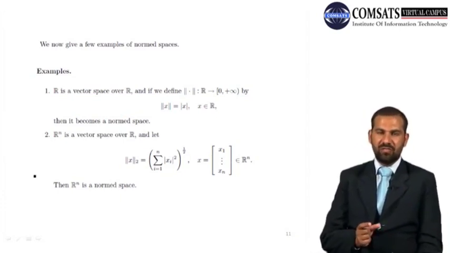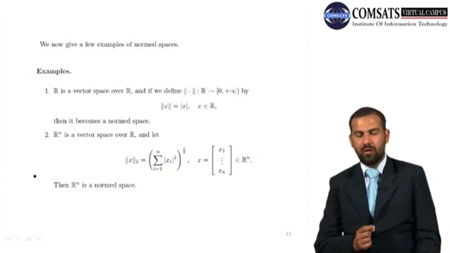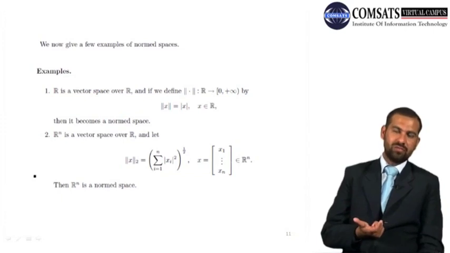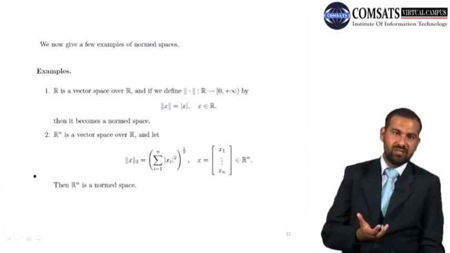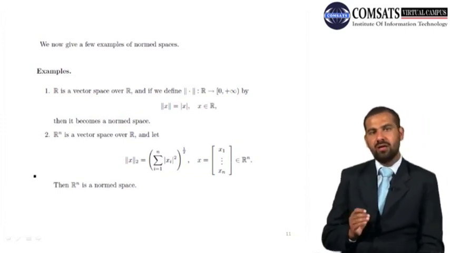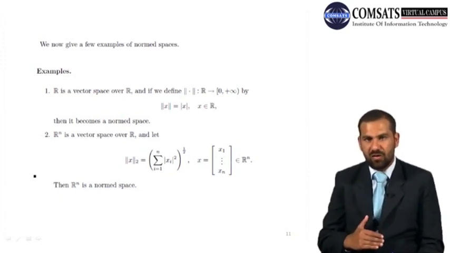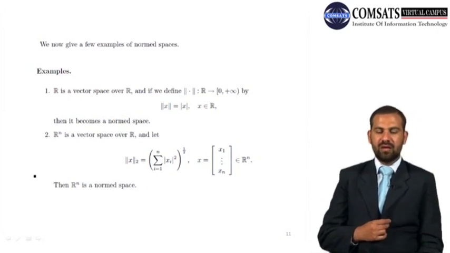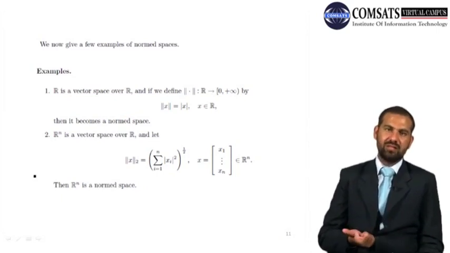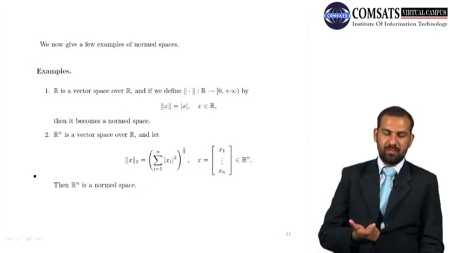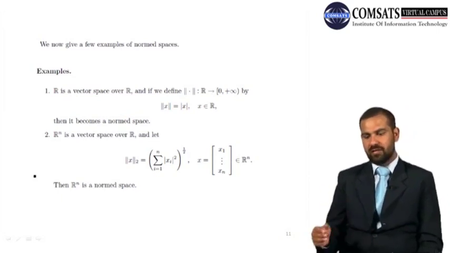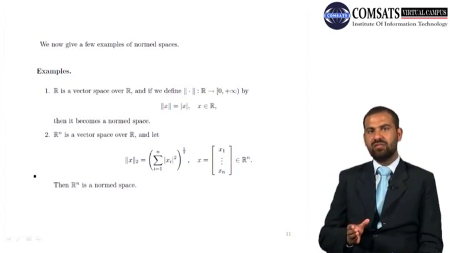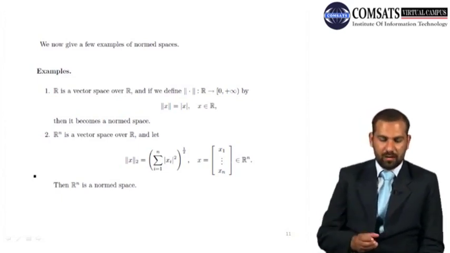is that the norm of x is equal to the mod of x for all x belonging to the set of real numbers. If we take the mod of x, the mod satisfies N1, N2, N3, these three properties of the norm spaces, and hence we conclude that the mod function is a norm because it satisfies all three axioms, because the mod of x is greater than or equal to zero for all x.